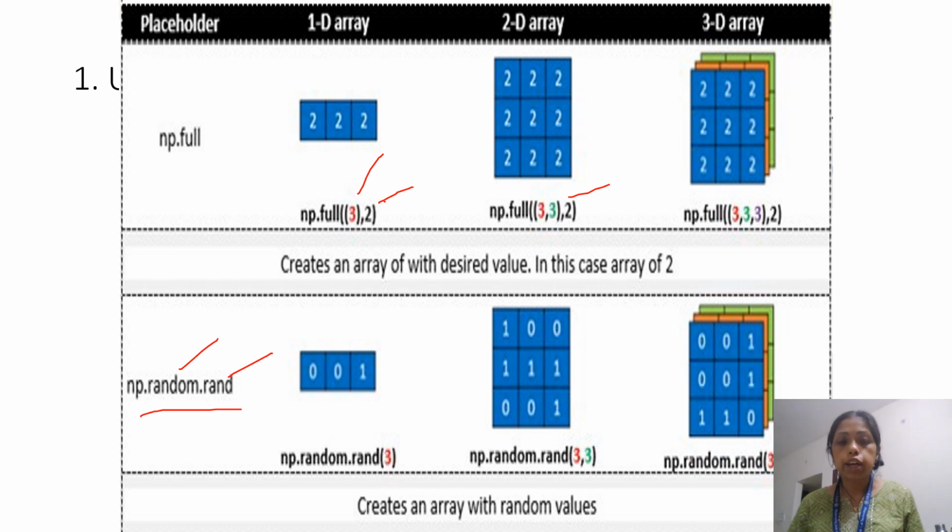Suppose random.rand(3): under random there are lots of functions, we are calling only rand. random.rand(3) gives values between 0 and 1 randomly in the array. random.rand(3, 3) gives 3 rows and 3 columns, where values are placed randomly in the matrix. I hope up to this it is clear.